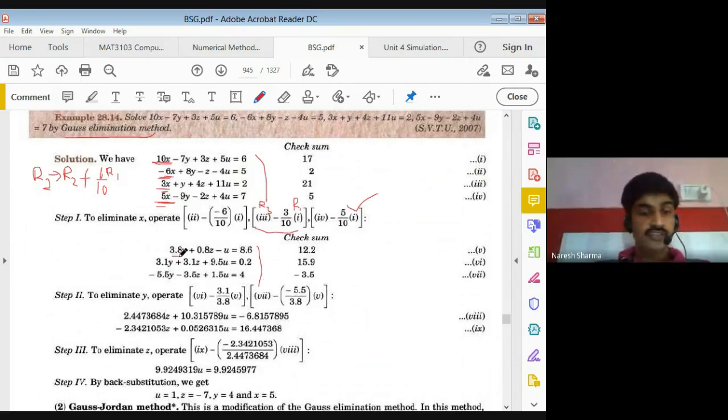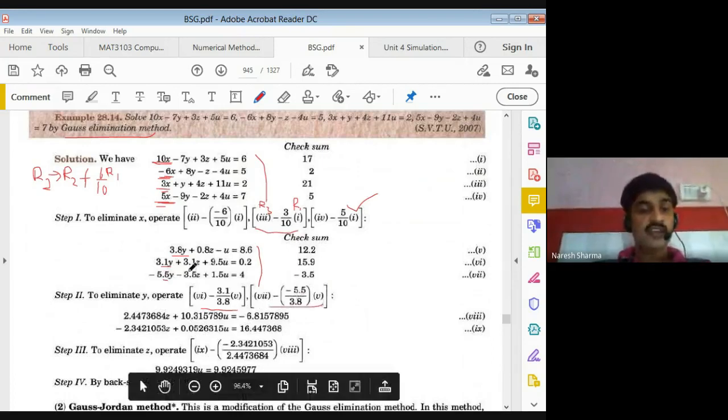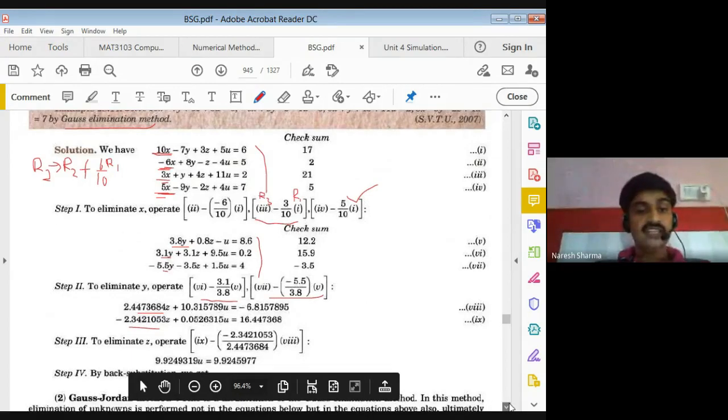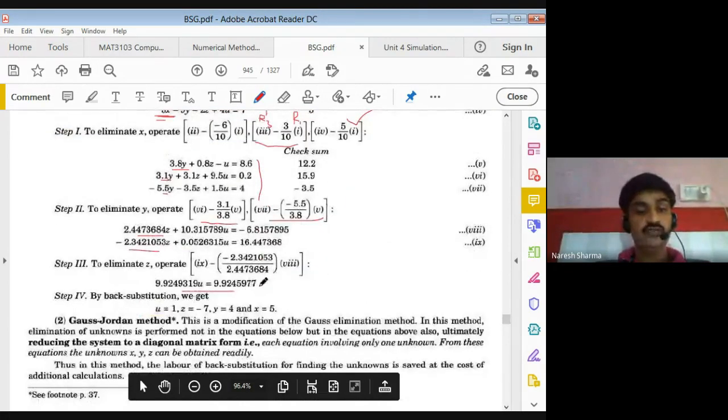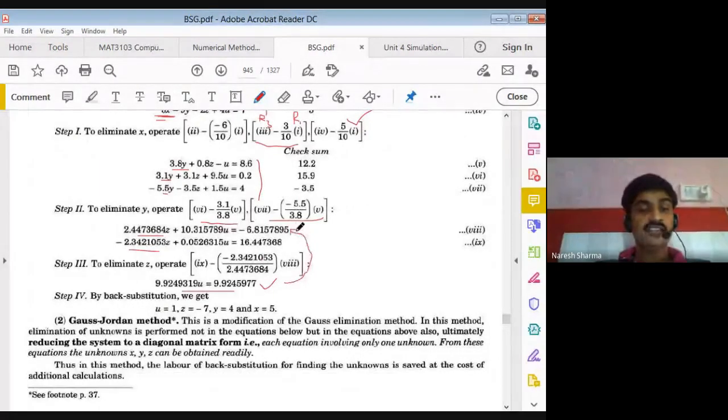Now using this, you can make these two 0. These are the row operations for your third and fourth row, and after applying this your y is also eliminated. Now using this you can make this equal to 0, and z is eliminated. You get u from this, and put this u in this equation, and you get z from this.